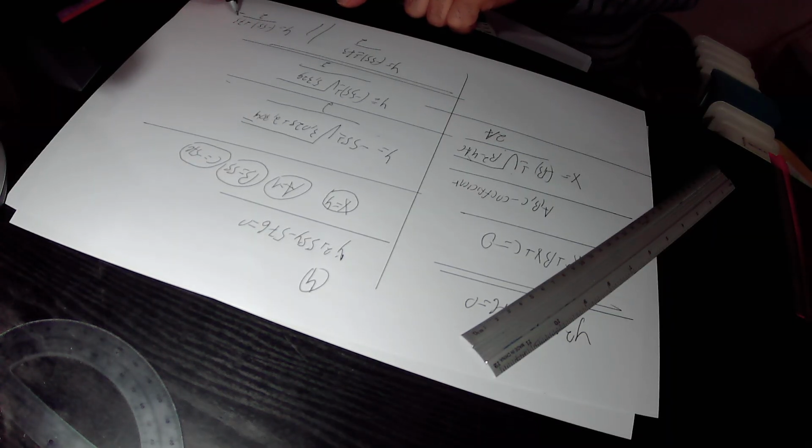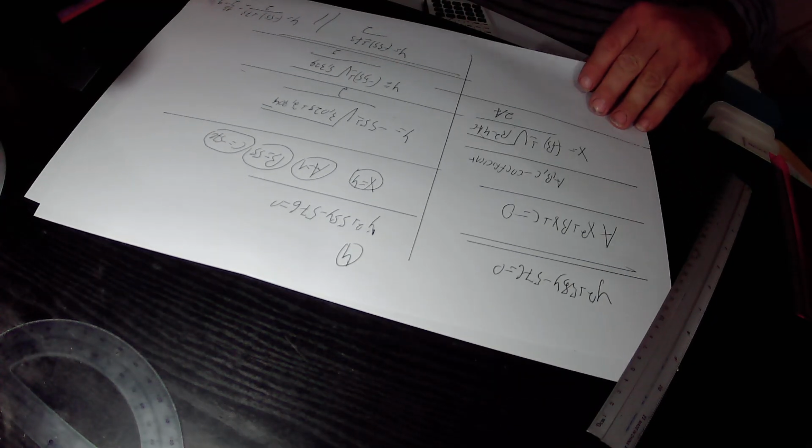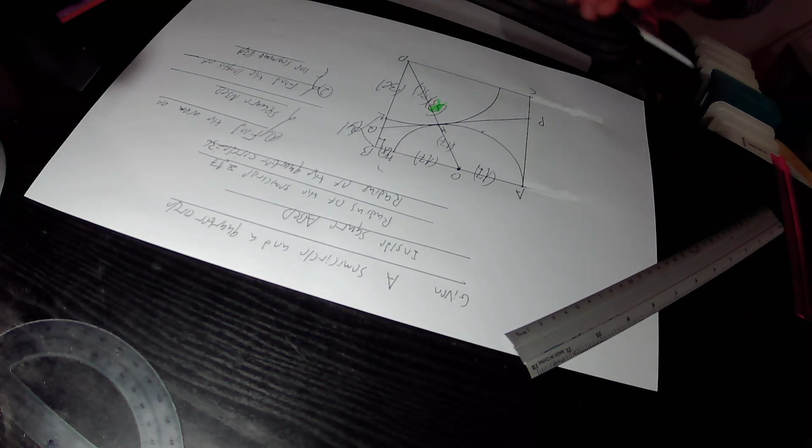Minus 55 plus 73 is 18, and 18 over 2 is 9. In total we found out that y equals 9 units in length.